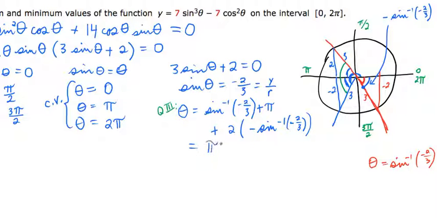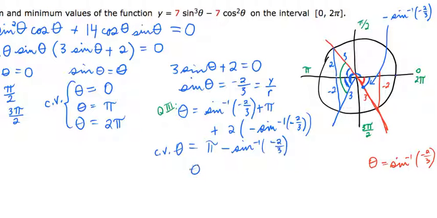So we end up with pi minus sine inverse of -2/3, which is probably an easier way to say it anyways, because we have pi. If we start from here at 0, we go all the way over to pi, and then we add the positive value of the angle, which is the negative of sine inverse of -2/3. Okay, so that's one of my critical values.